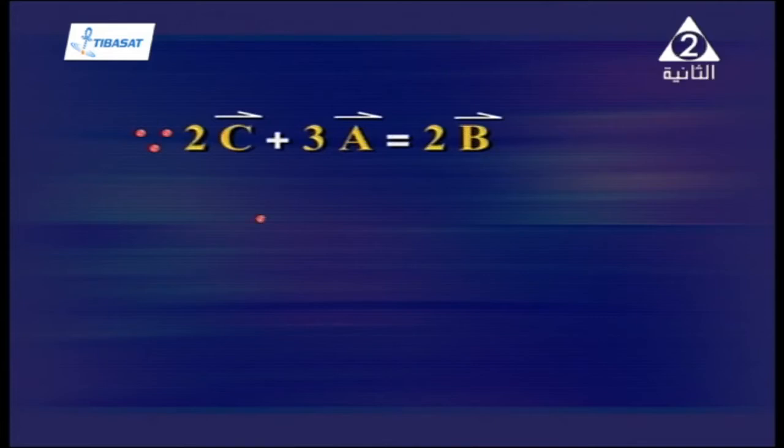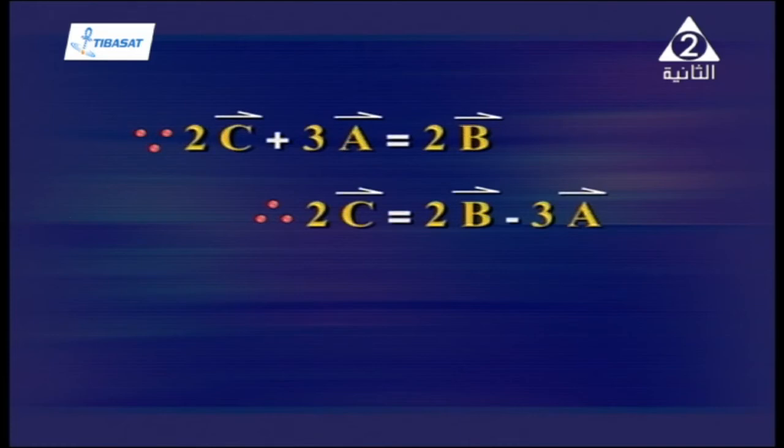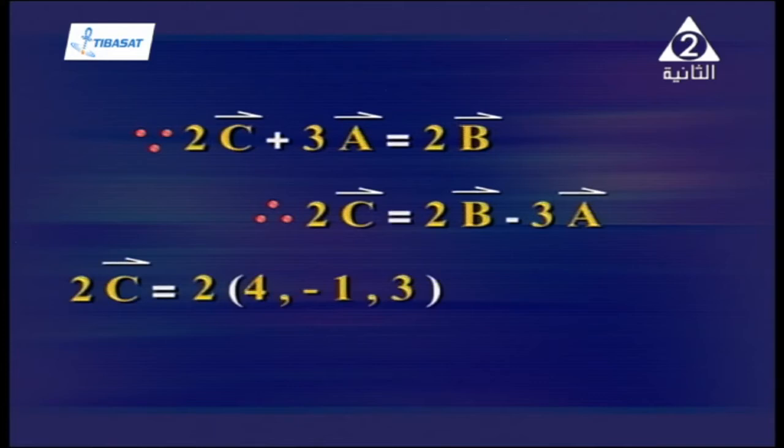Then 2C vector equals what? 2B vector minus 3A vector. We can multiply 2B vector minus 3A vector at first. After that, divide each component by 2 to calculate C vector.